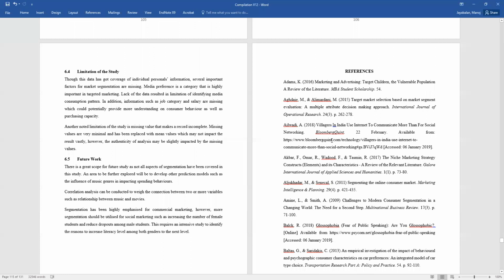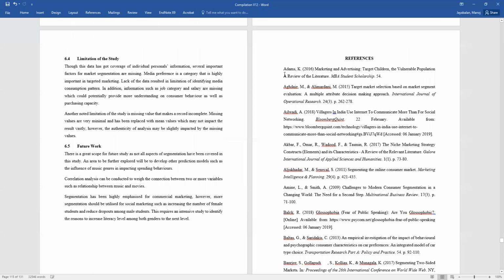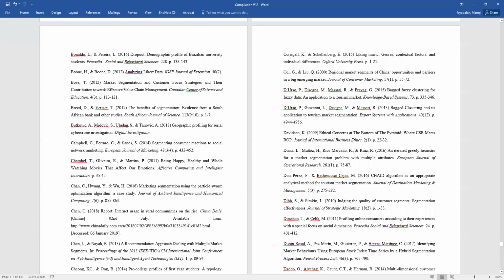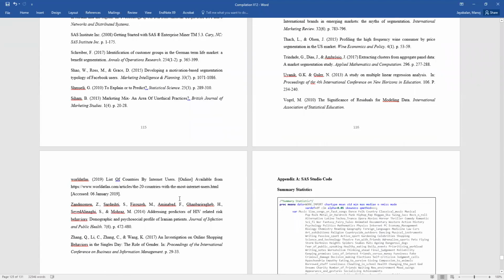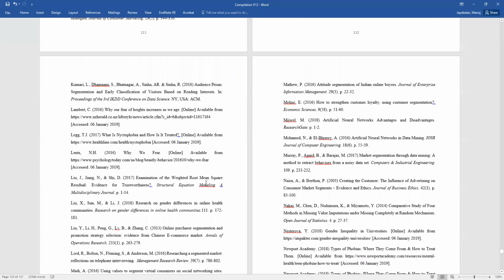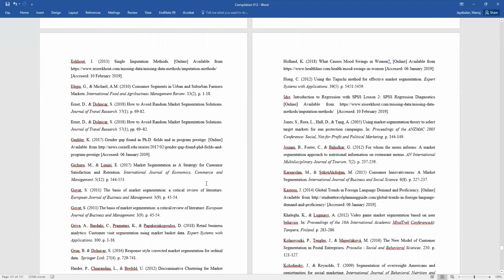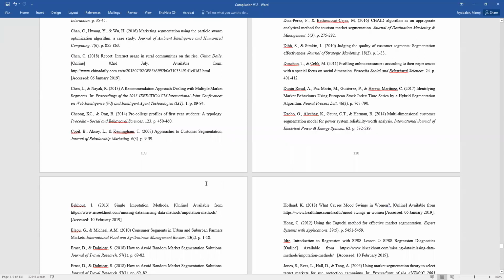And she used Mendeley as well. If you see the references, how many references she has used: 1, 2, 3, 4, 5, 6, 7 pages, 8, 9. Around 9.5 or 10 pages of references in the final thesis. So each page, we can say, has about 10 references.